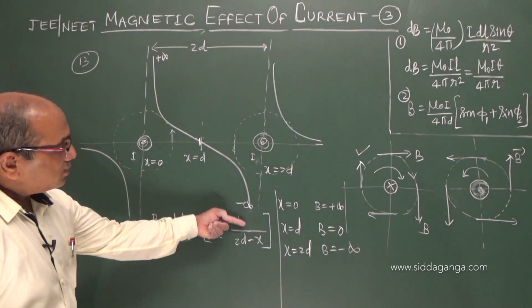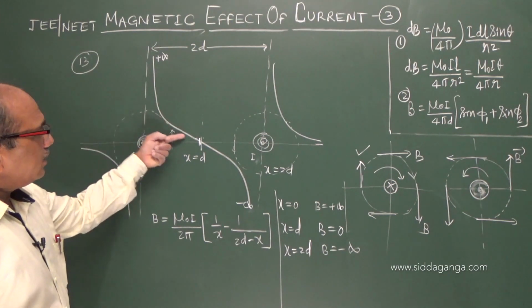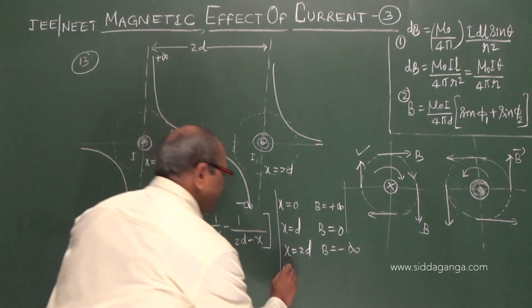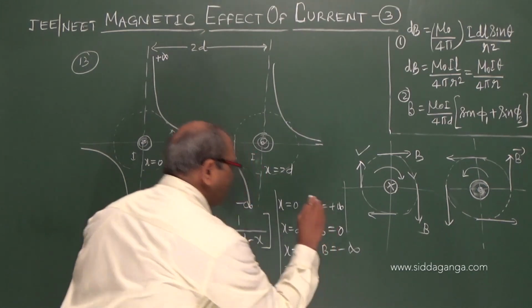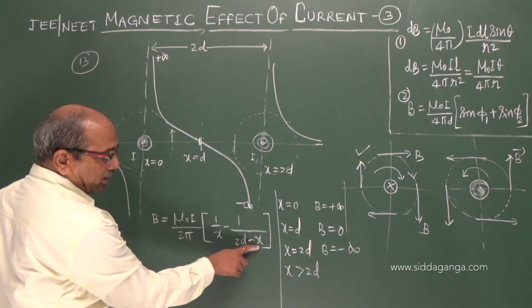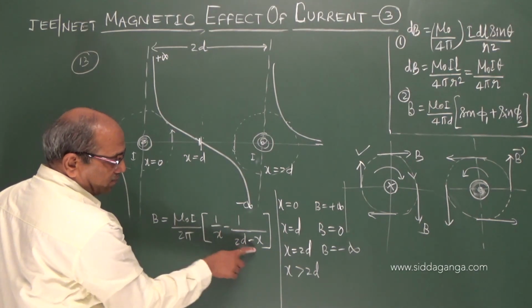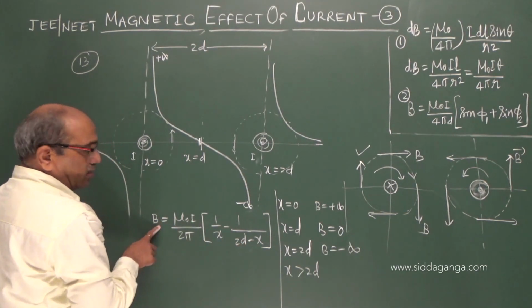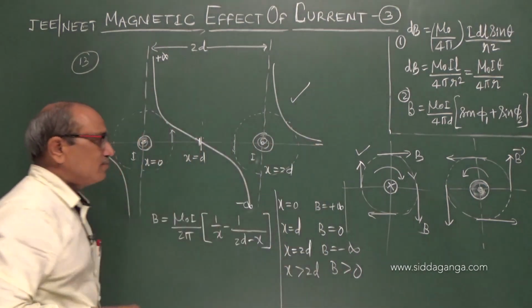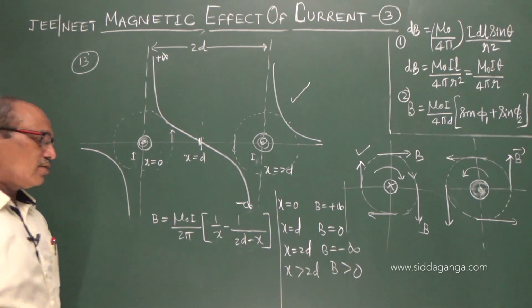It goes from plus infinity, at D becomes 0, and at 2D minus infinity. If x is greater than 2D, minus of minus becomes plus, so B is greater than 0. That is why the curve is in the first quadrant.